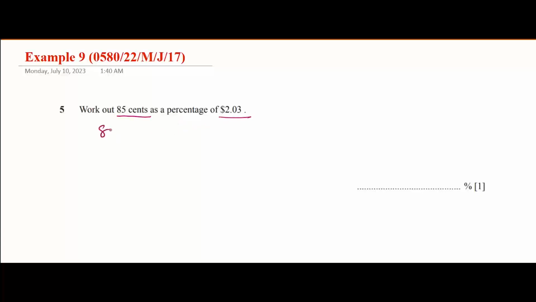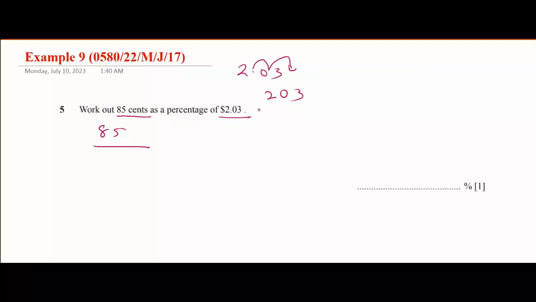This will be 85 cents over, then to convert $2.03 to cents, you shift the decimal point forward 2 times. That means you're going to have 203 cents. That's the equivalent in cents.